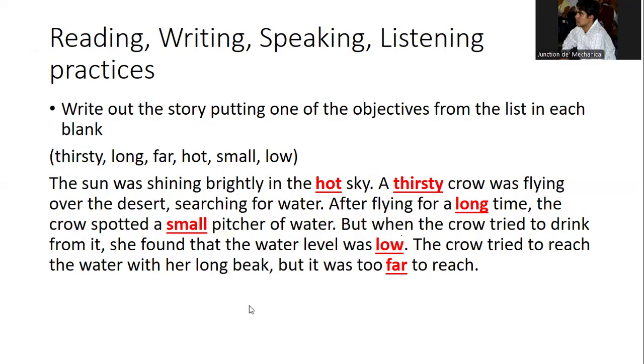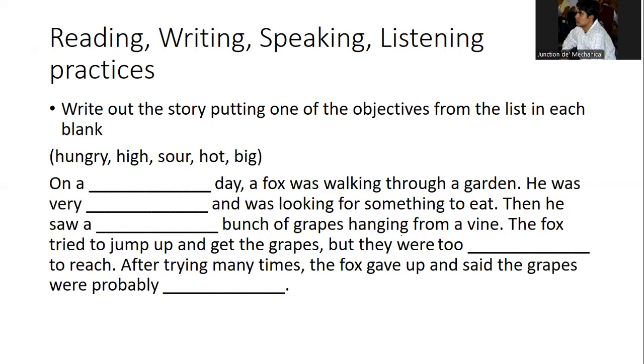Let's further proceed. One more exercise, a similar exercise, right? Let me read the story first, and then you can pause the video and try to complete this exercise by going through the adjectives which are mentioned in the bracket.